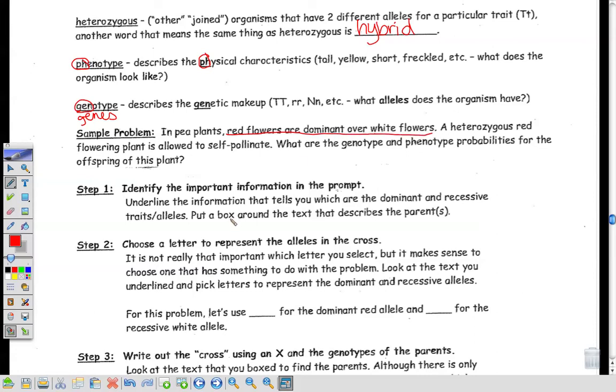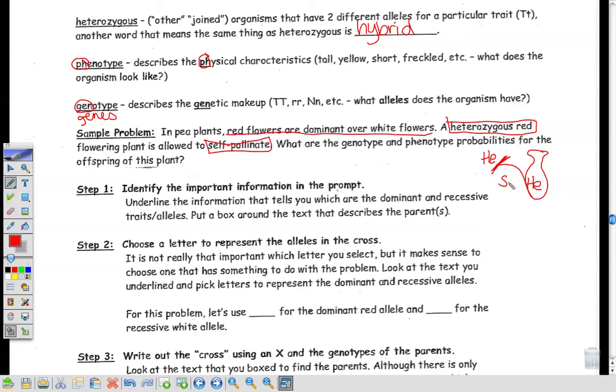Then put a box around the text that describes the parent. So here we have a heterozygous red plant is allowed to self-pollinate, which means that both parents are this heterozygous plant, right? If we remember our flower diagram where you had the female part and the male part, if the male part is heterozygous, the female part is also heterozygous because they're part of the same plant.